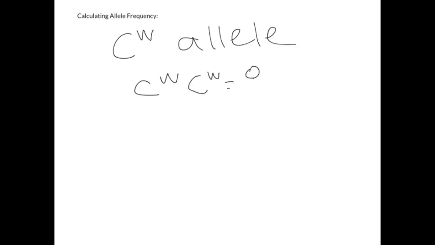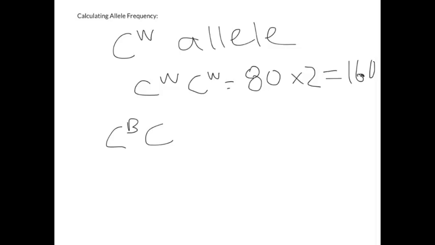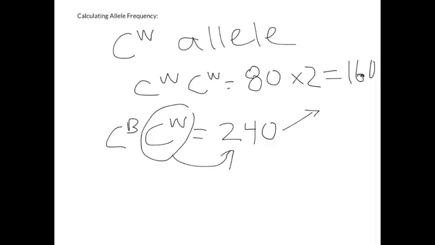We can do the same thing to calculate the CW allele frequency by first calculating the total number of CW alleles in the population. There were 80 individuals that were homozygous CW, so 80 times 2 is 160. And then there were 240 heterozygous individuals, so that would be 240 CW alleles to add to the 160 alleles.